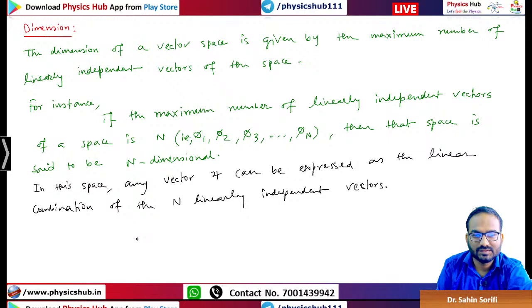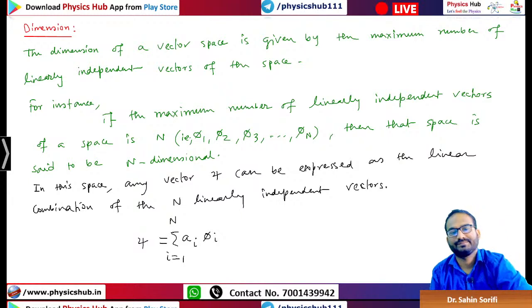How? Let's say psi, we can express it as a linear combination of these vectors. So sum of a_i phi_i, linear combination means you have to take the limit from i equals 1 to capital N.